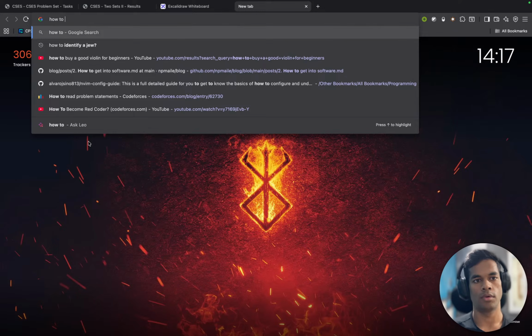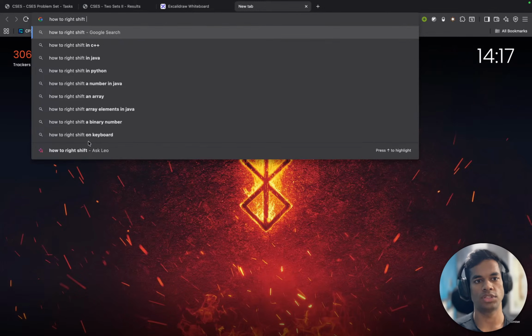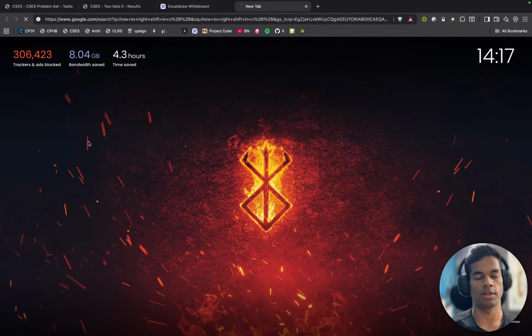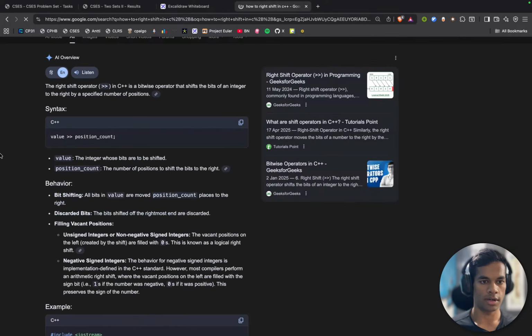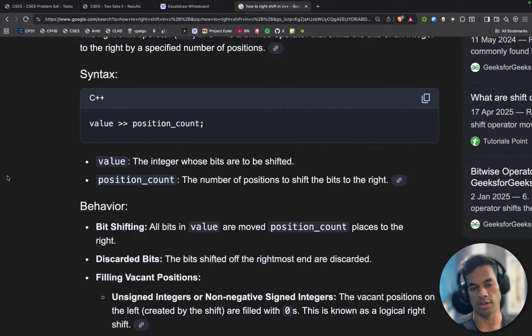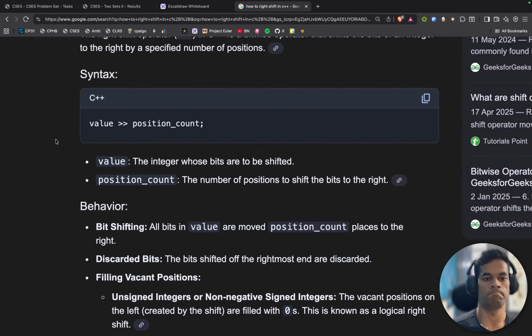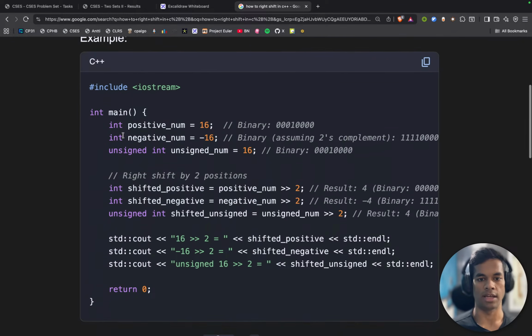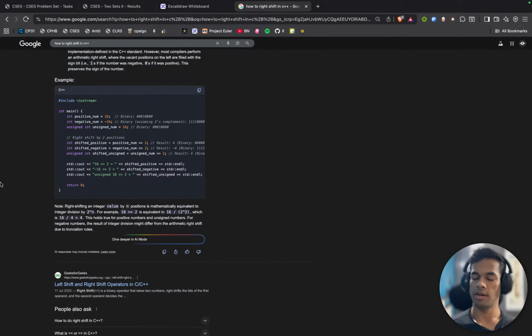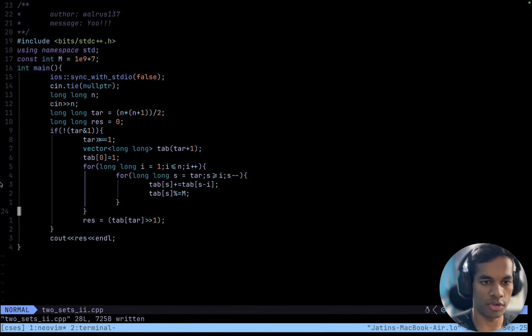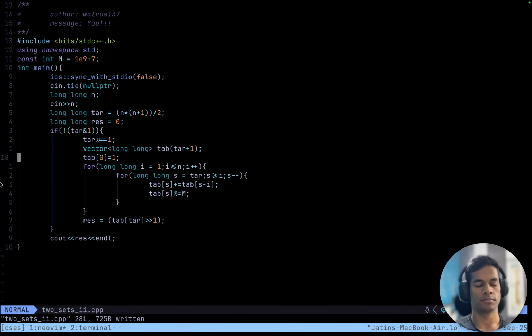How to write shift, n p plus plus. That was the correct syntax. Value and count position, yes. Right shift this value this many times. Yeah, that is absolutely cool. No problem with that. And right shift does do the division operation. Yes. And tab 0 is going to be equal to 1.